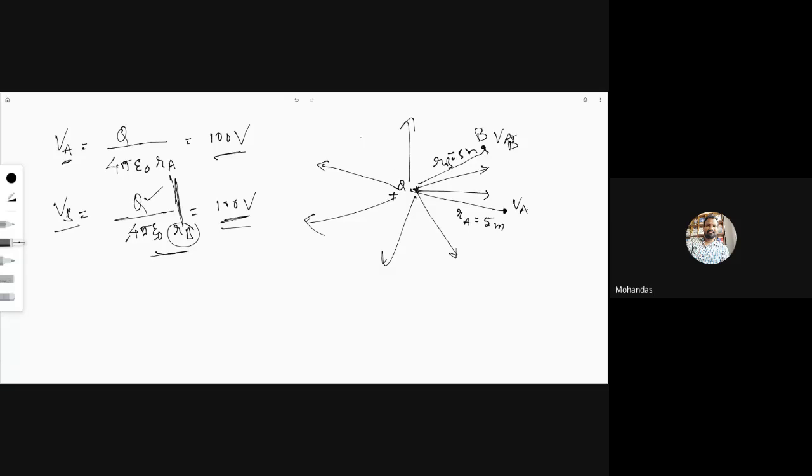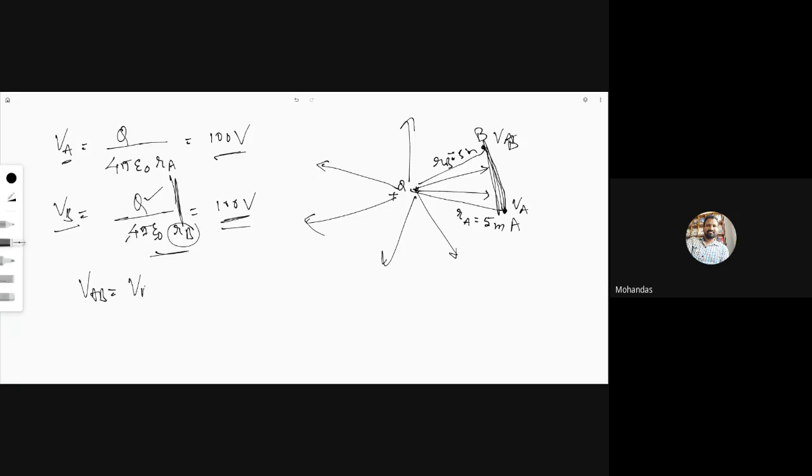See here. Now what may be the potential difference from here to here? Suppose I want to move from A to B, then what will be the potential difference between point A and point B? Both are at the same potential. What will be VAB?